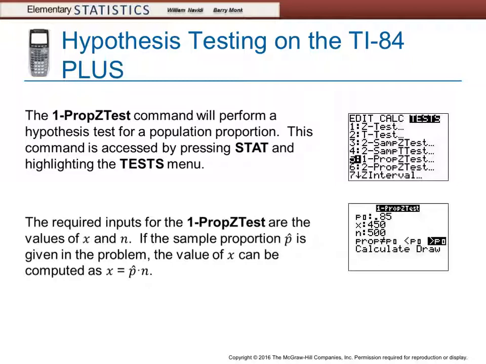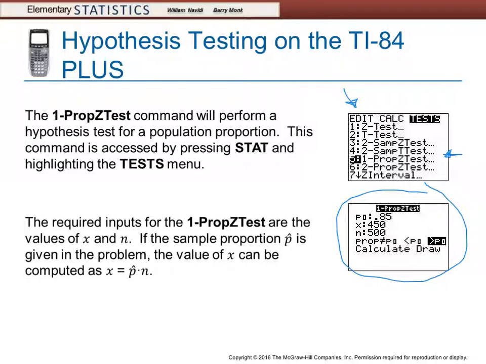And so on the TI-83 or 84, we're going to use the one-prop z-test command that will perform a hypothesis test. So you will see on the screen, after you hit the stats key, you come over to test and you choose option 5. Then you will hit enter and you get a screen that looks like this for the one-prop z-test.